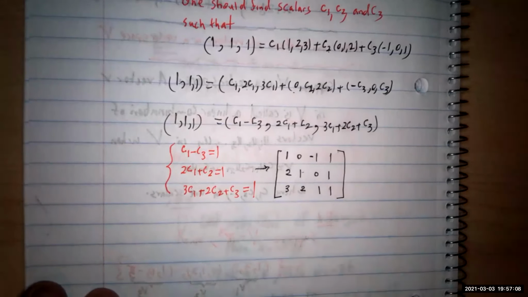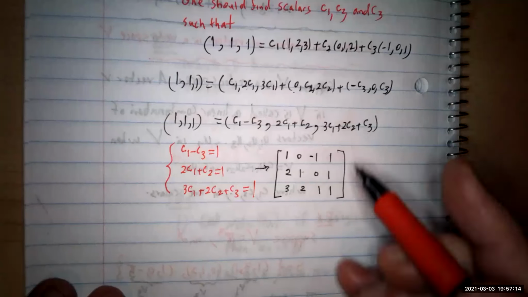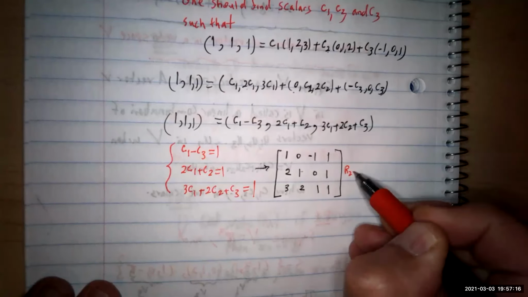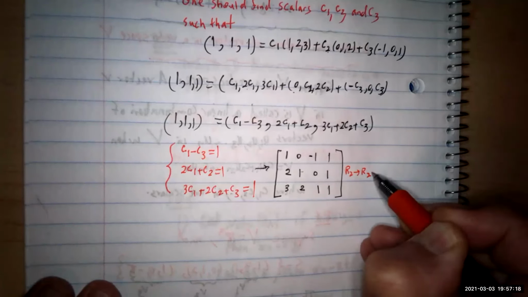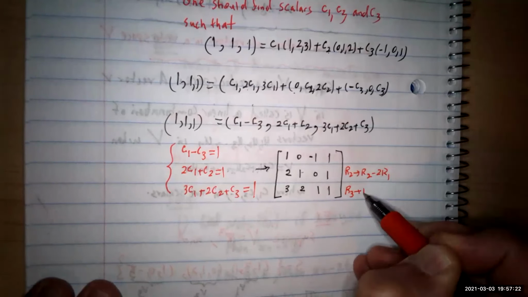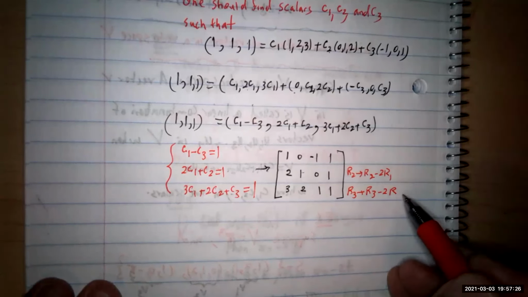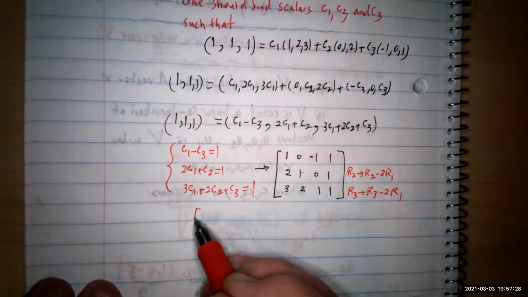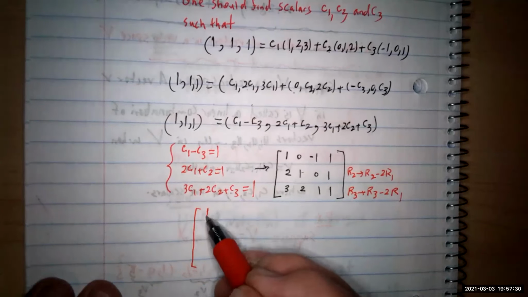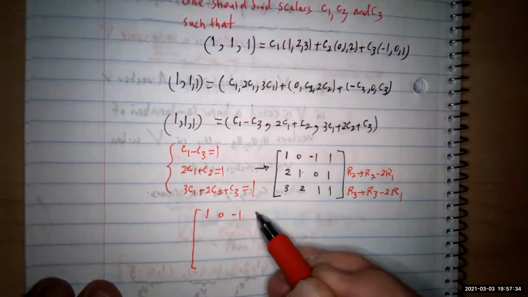So quickly, you can change it to echelon form if you like: R2 becomes R2 minus 2R1, and R3 becomes R3 minus 3R1. The first row is unchanged: 1, 0, negative 1 and 1.